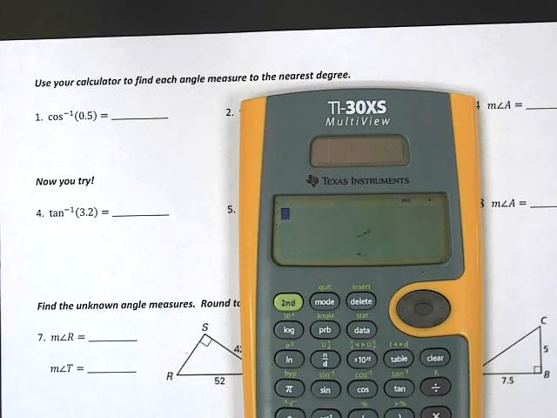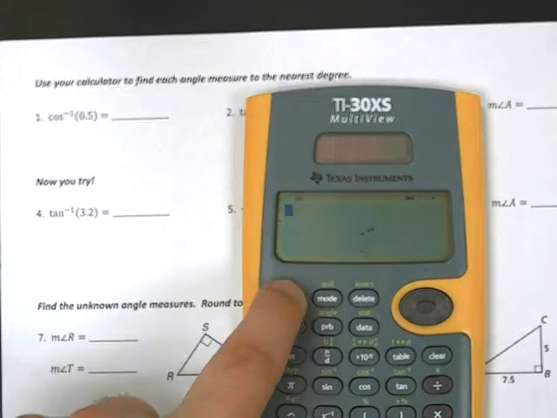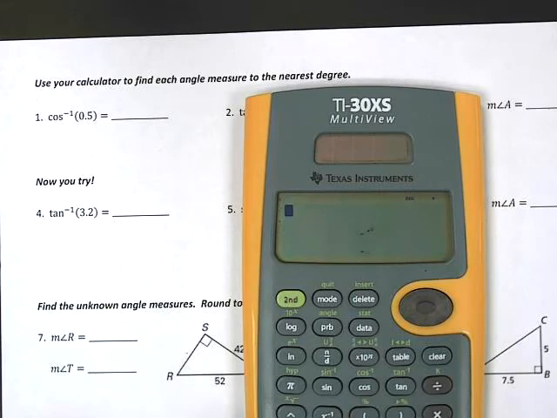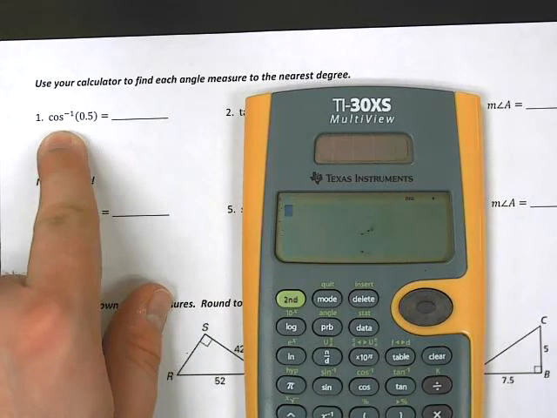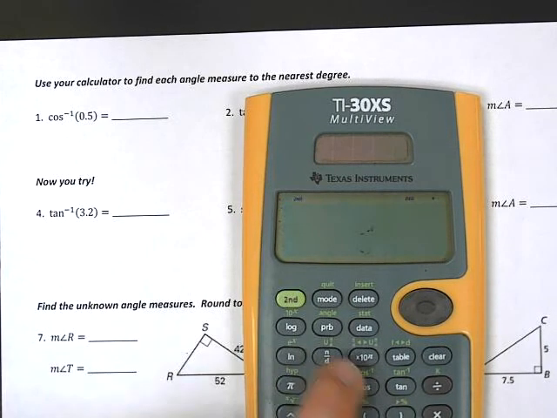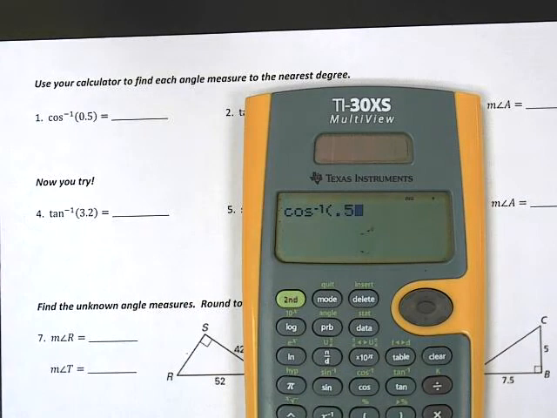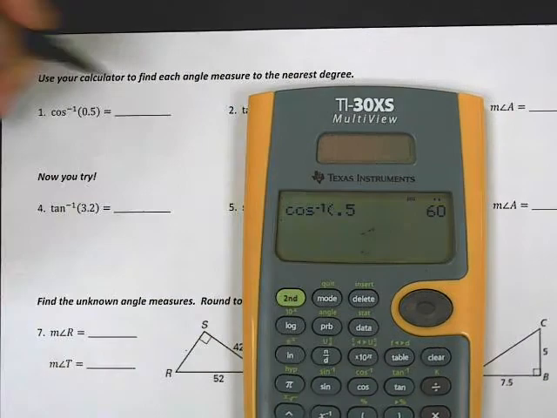So please make sure on these that you hit second and then whichever trig function you're going to use. So in this case, inverse cosine of 0.5 means I need to type second cosine, or inverse cosine, of 0.5, and when I hit enter, I get 60 degrees.